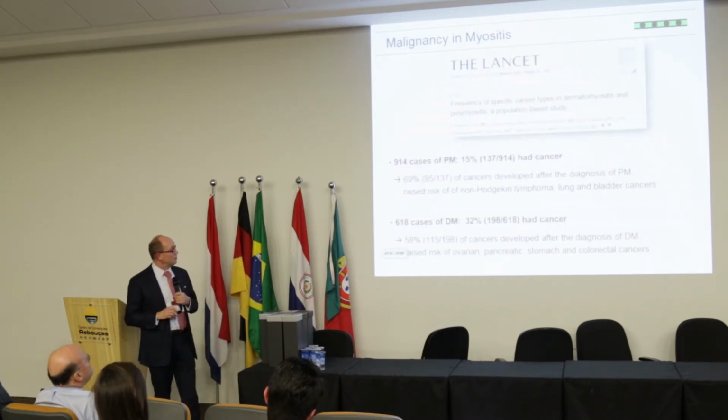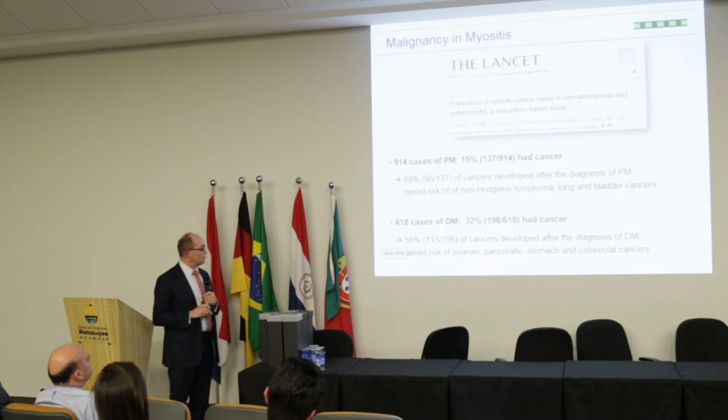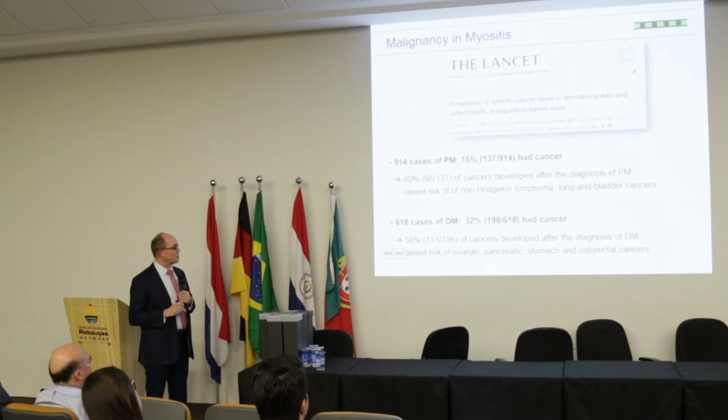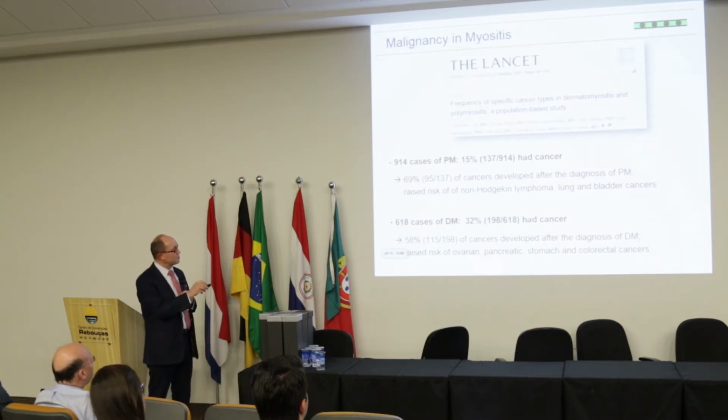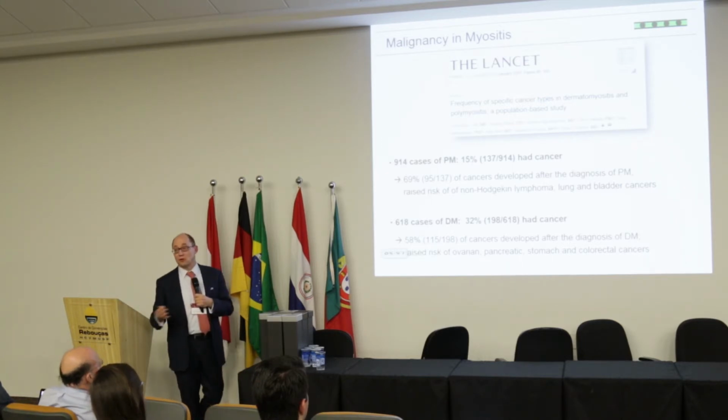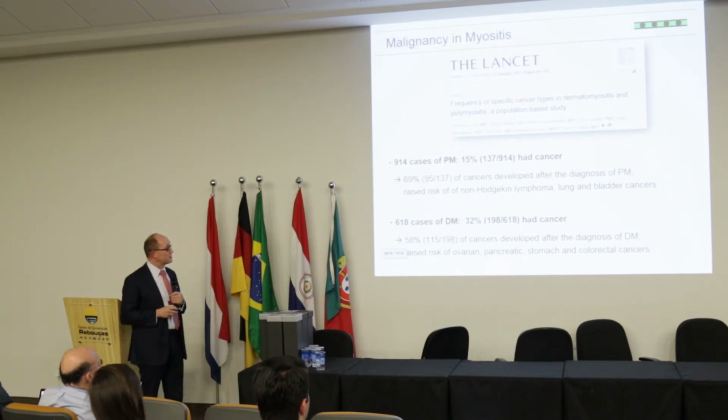That is a study from Lancet, also evaluating a large number of polymyositis, dermatomyositis patients. It was shown that 15% of polymyositis patients had cancer, 32% of dermatomyositis. So risk in dermatomyositis is higher, but it can occur in all myopathies.